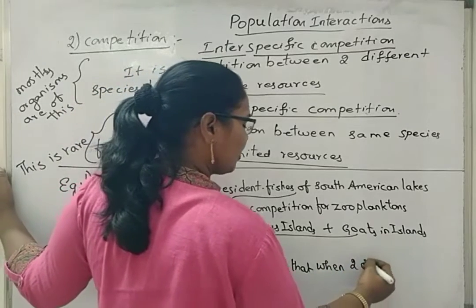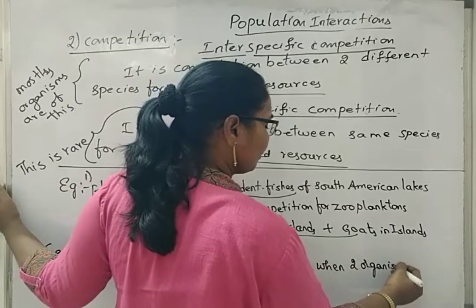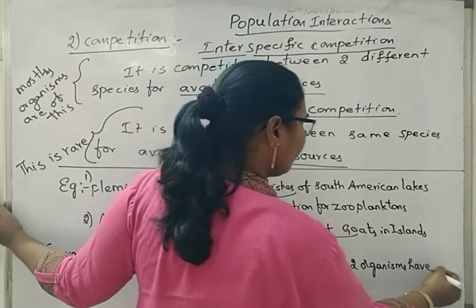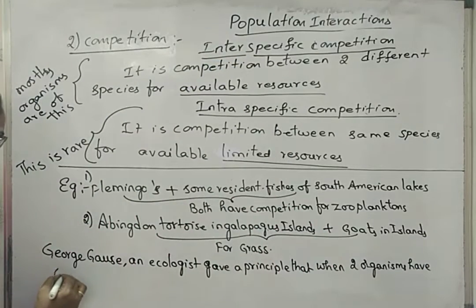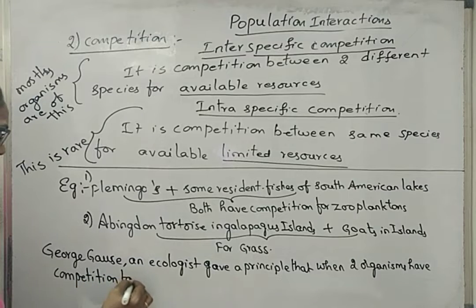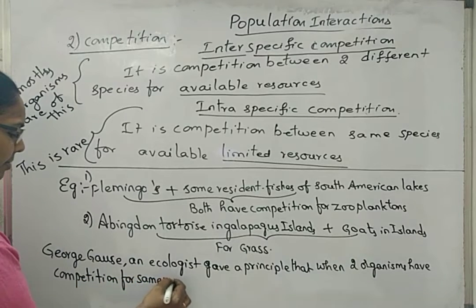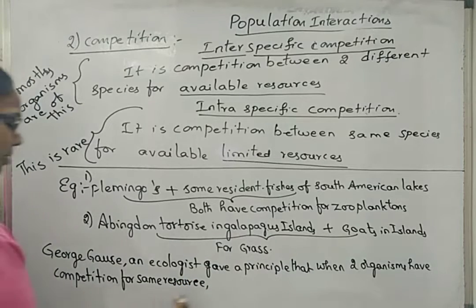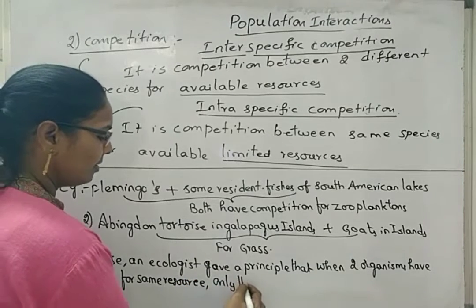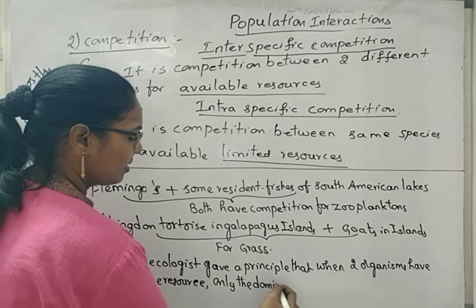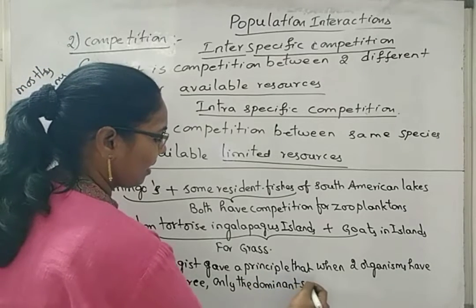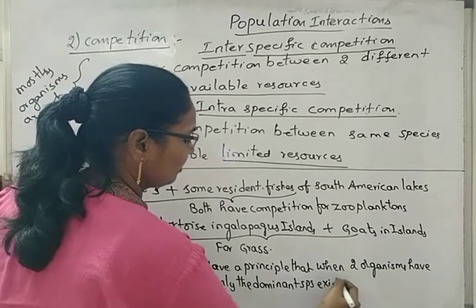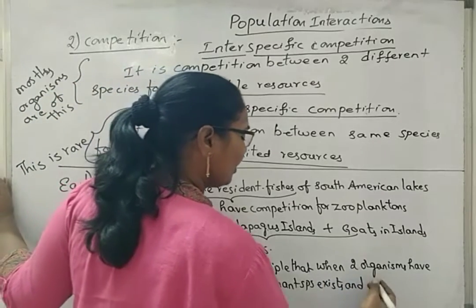when two organisms have competition for the same resource, only the dominant exists and the recessive one perishes.